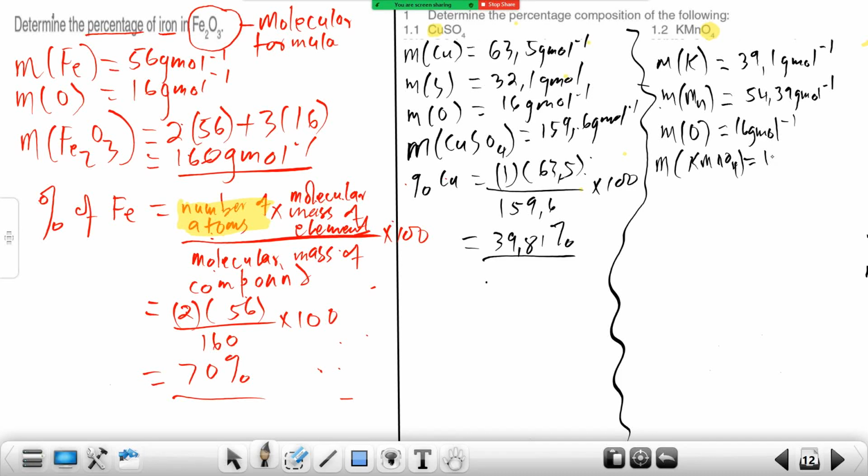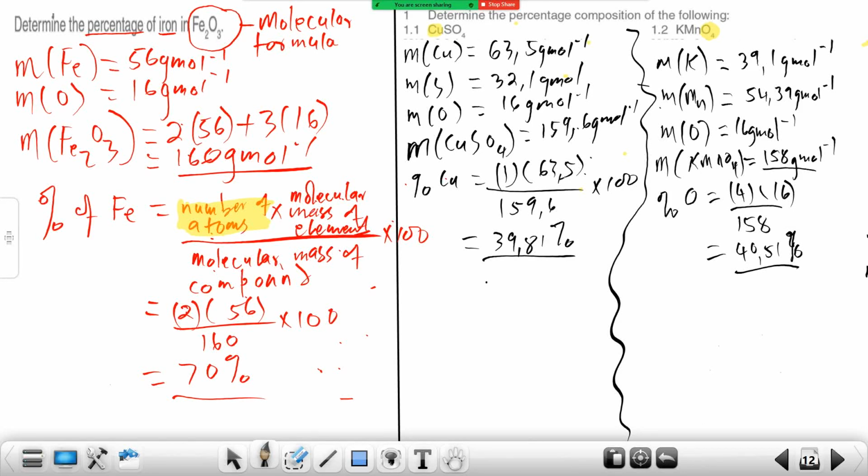That is 158, comma something, or just 158? Okay, it's fine. And then the percentage now of oxygen, it must be 4 multiplied by 16 divided now by 158, which will give us something like 40.51%.